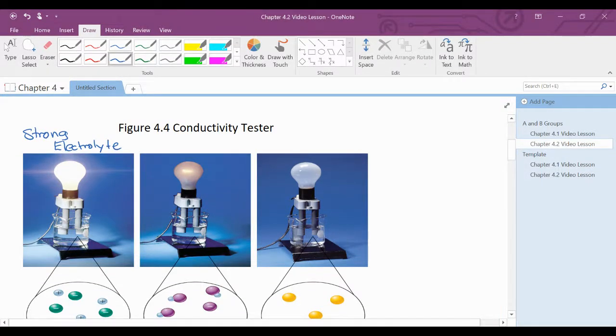And there are 3 classes of strong electrolytes we'll talk about. But when you look at the solution, you will see that it's completely ionized when dissolved in water. So you just have ions in solution.